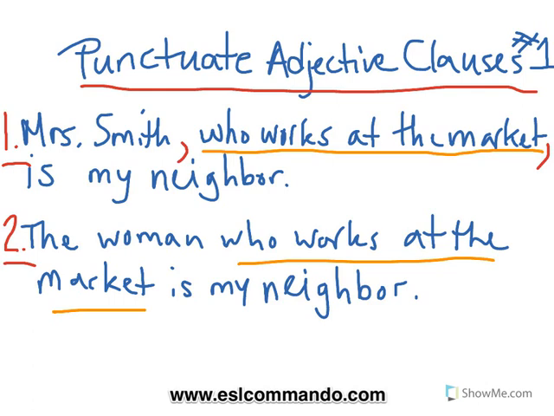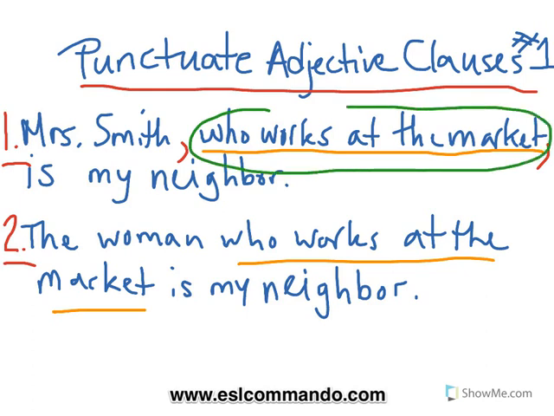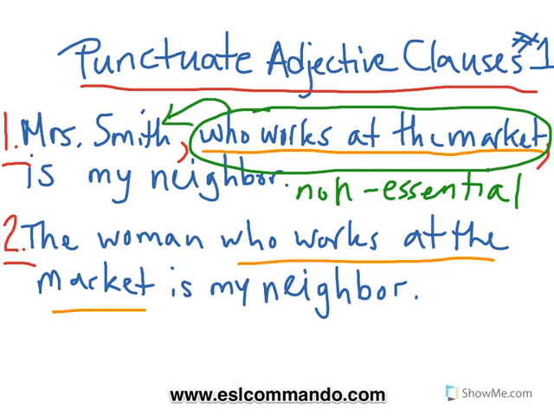The reason why we need this is because the information between the commas in the adjective clause is what we would say is non-essential or not essential. To identify Mrs. Smith, it's not essential.